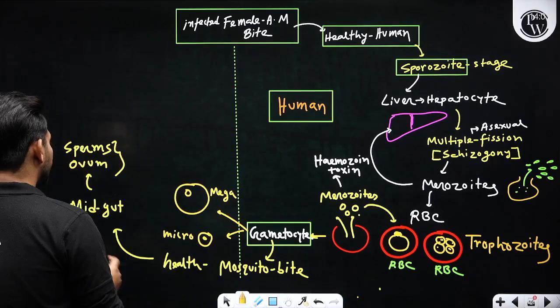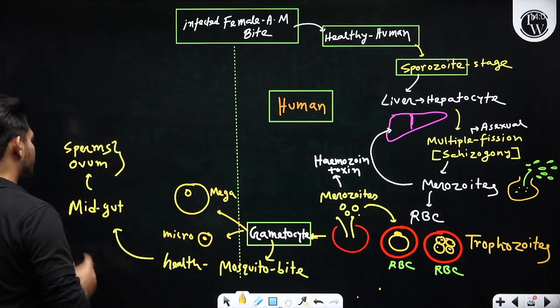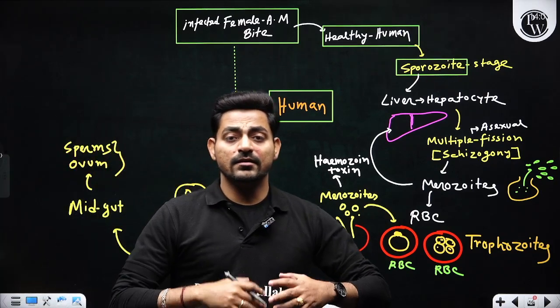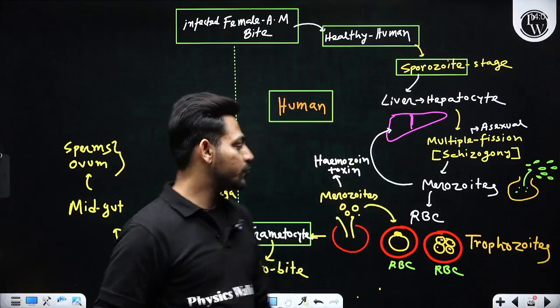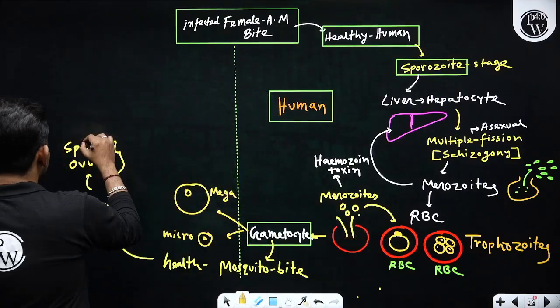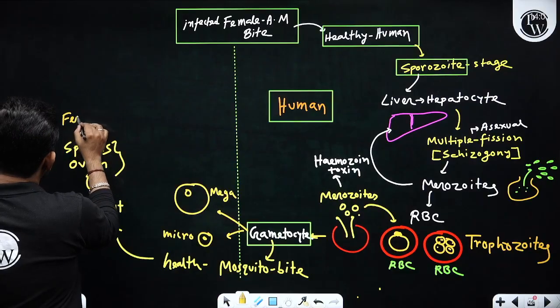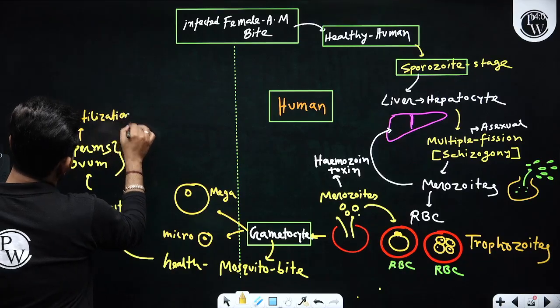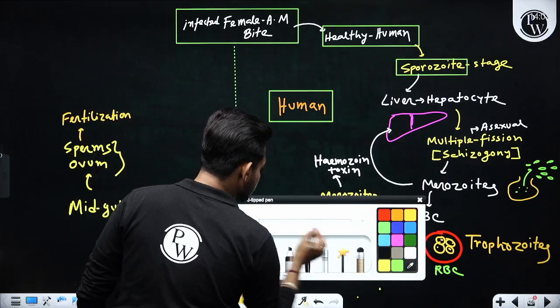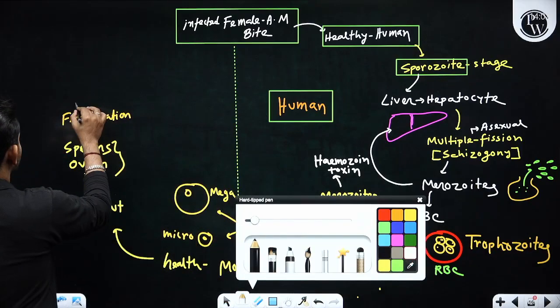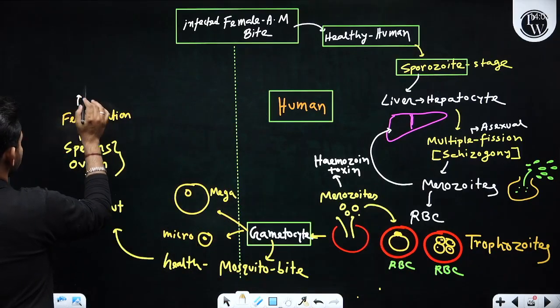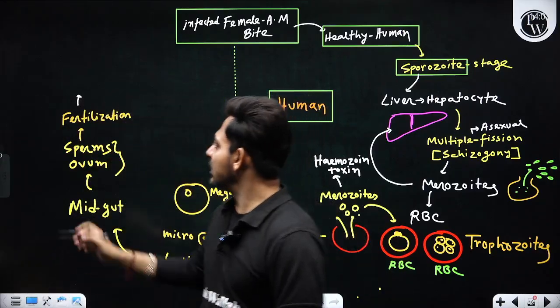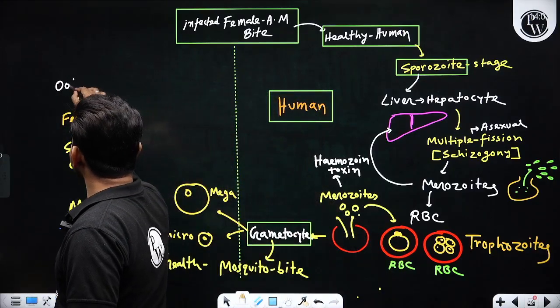Okay, megagametocytes will give rise to ovum, microgametocytes will give rise to numerous spermatozoa. Now there will be fertilization inside the mosquito gut, and upon fertilization there will be formation of a movable zygote that we call ookinete.